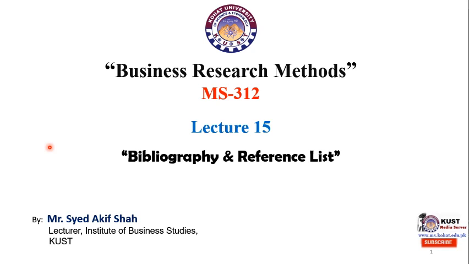The reference list as a whole refers to all the cited and quoted material in your research work, and particularly in the literature review section of your research or study.